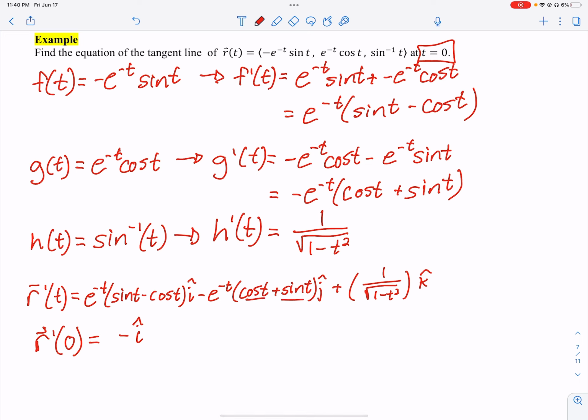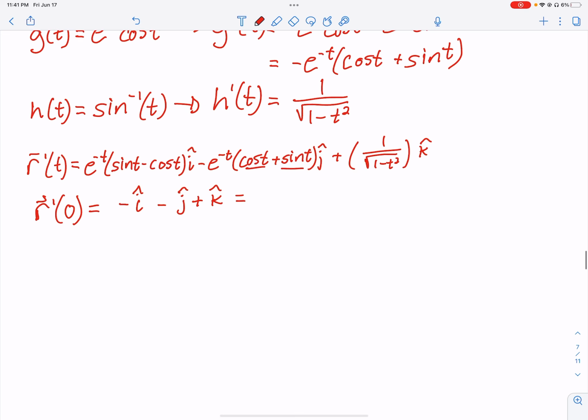Cosine is a 1, sine is a 0, so we get negative j. And then the last thing, we get 1, so plus k. I'm going to use these numbers. I prefer to see things like this, but it doesn't matter which one you use; they're equivalent. I prefer component form. This is my directional vector for my line.